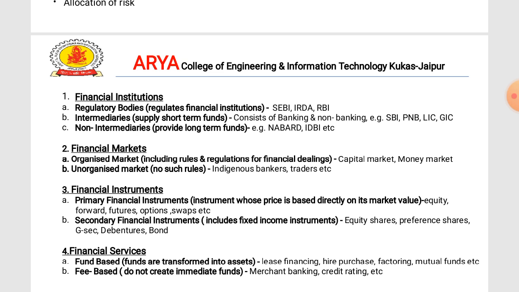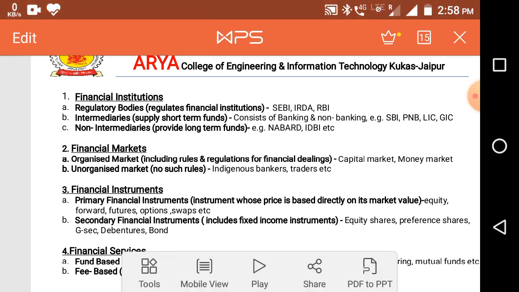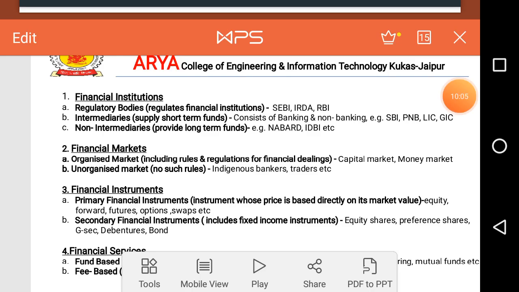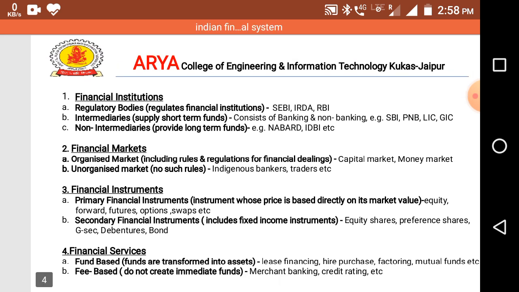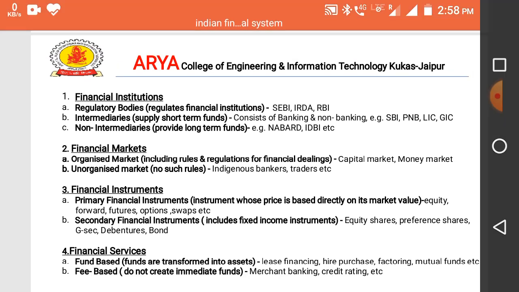The next one is fee based financial services. Fee based financial services generally do not create immediate funds. They enable the creation of funds through their services, for which they charge a fee. It includes merchant banking and credit rating.